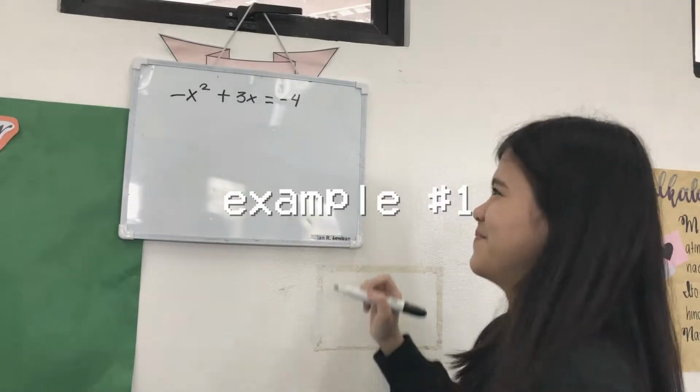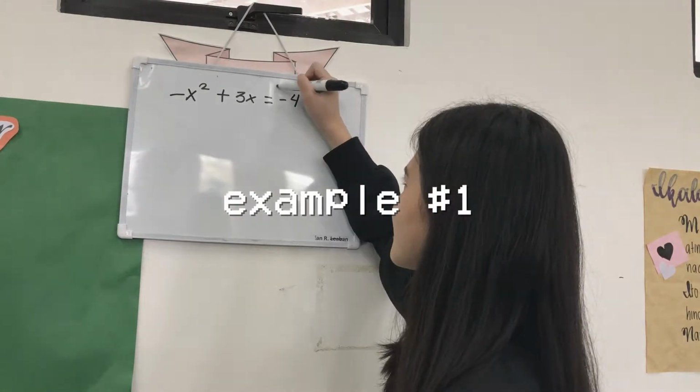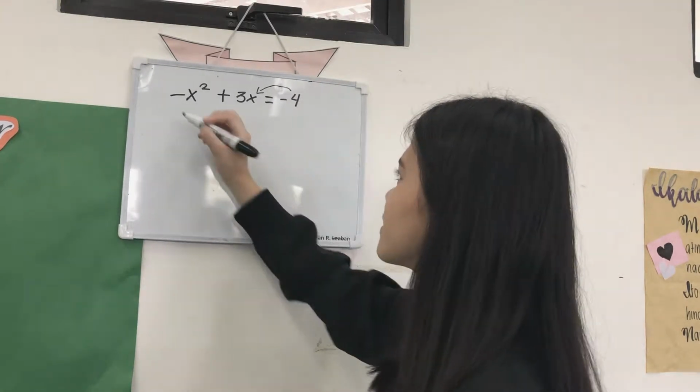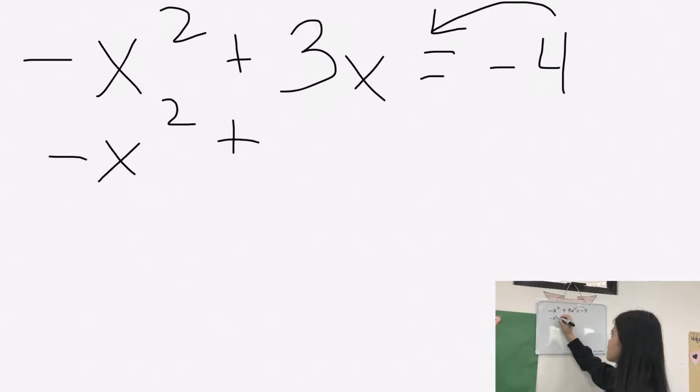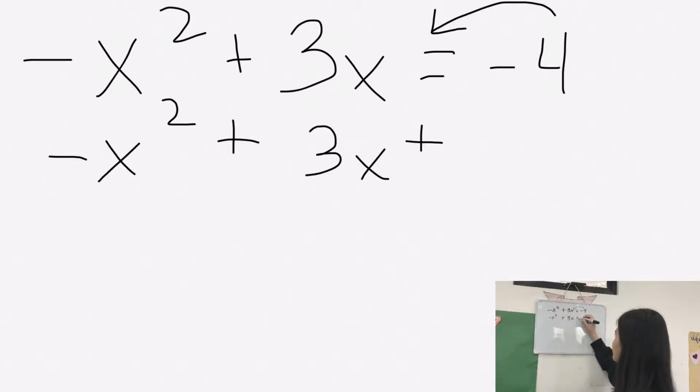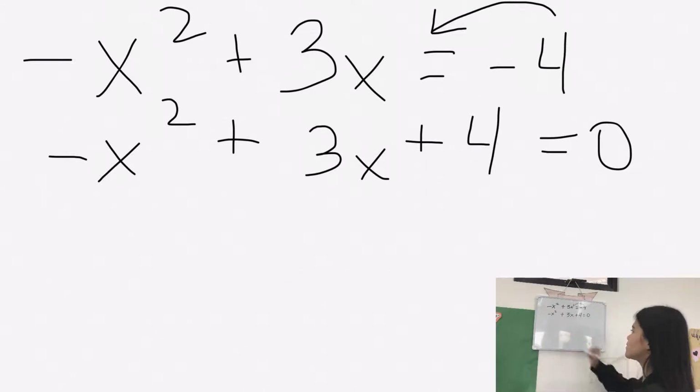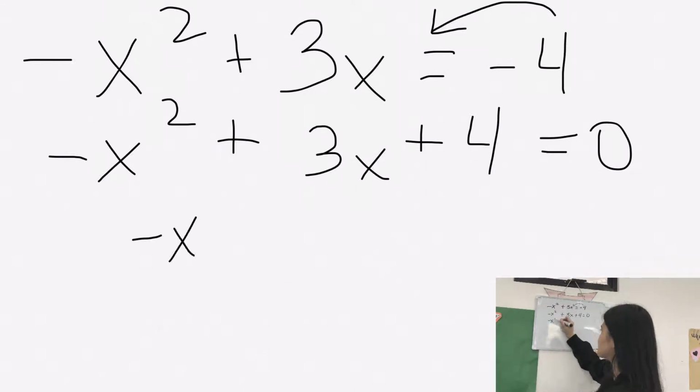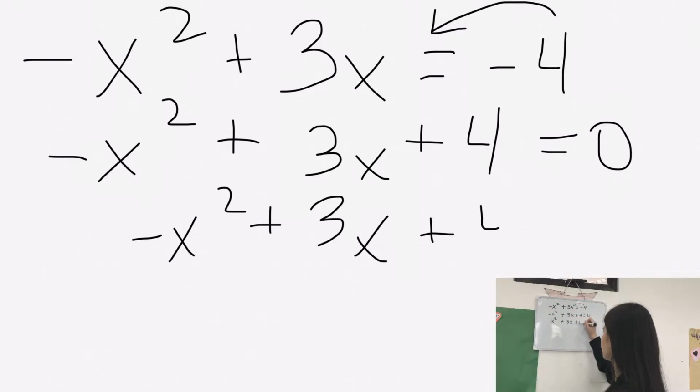First, copy the equation. Next, transpose the negative 4 to the other side. If a is negative, multiply the whole equation by negative 1.